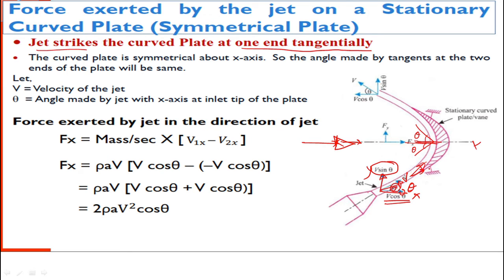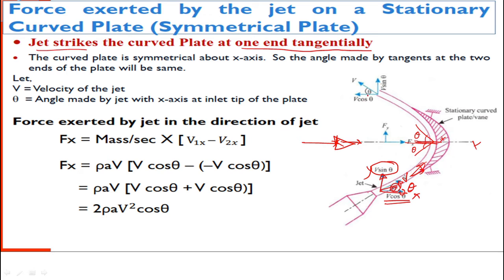As the jet strikes the plate, similarly it will leave the plate tangentially. From inlet to outlet, we are considering that there is no friction. That means there will be no energy lost when the jet passes through this symmetric plate, so we neglect it.